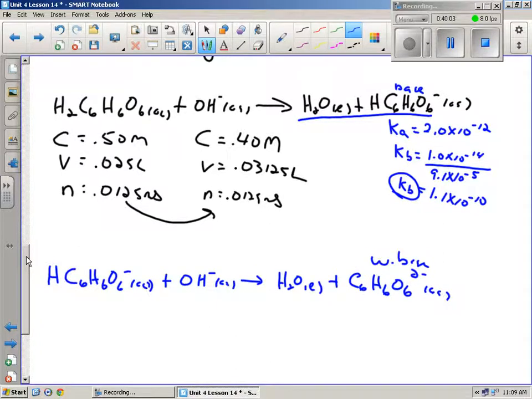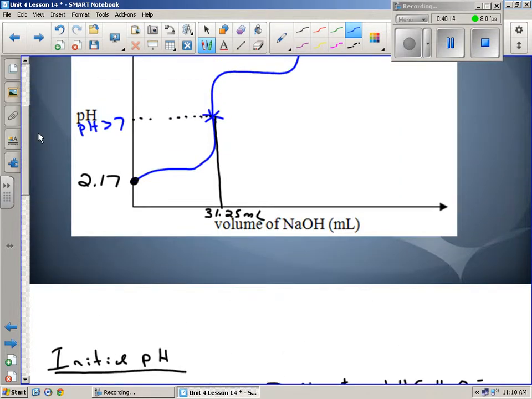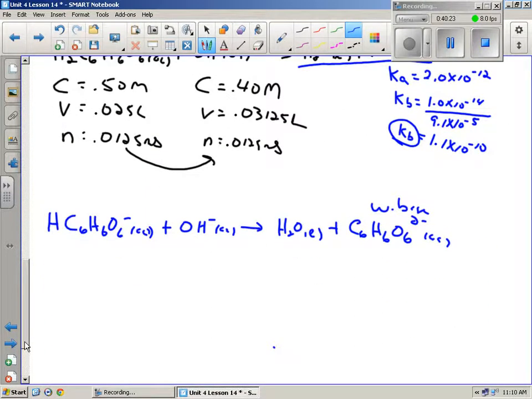So now, one thing to keep in mind here, after we do this, and I kind of told you about this a little bit yesterday. Remember, if we get to the first endpoint right here, at that point, it's all changing, right? It's all completely new stuff that we're talking about. We are talking about this particular ion reacting with the hydroxide.